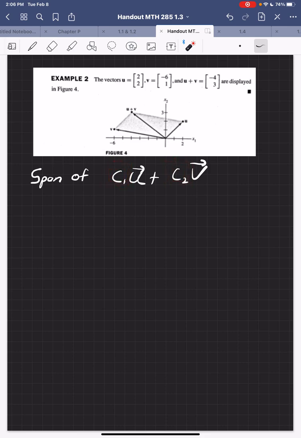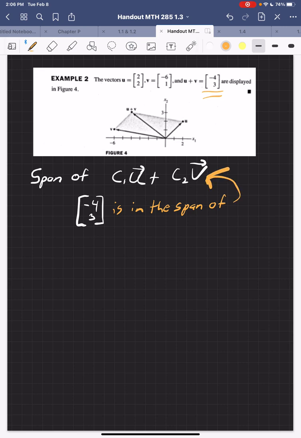But as of right now, the main idea to take away is we would say that the vector negative 4, 3 is in the span of vector u and vector v.